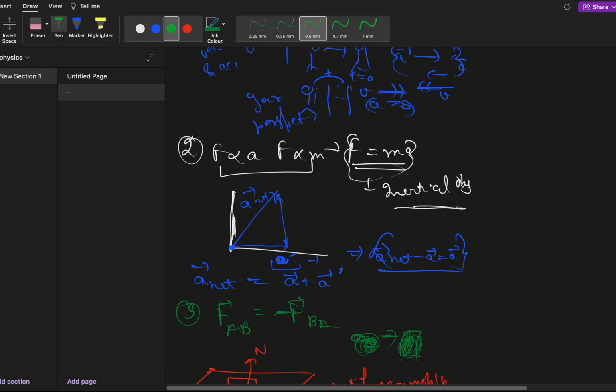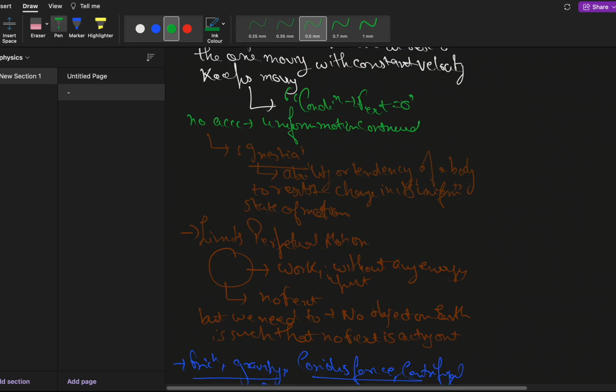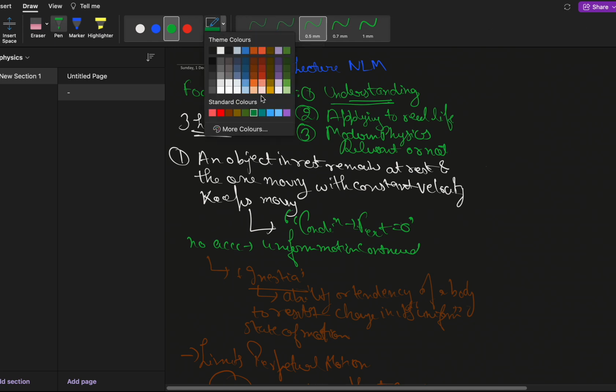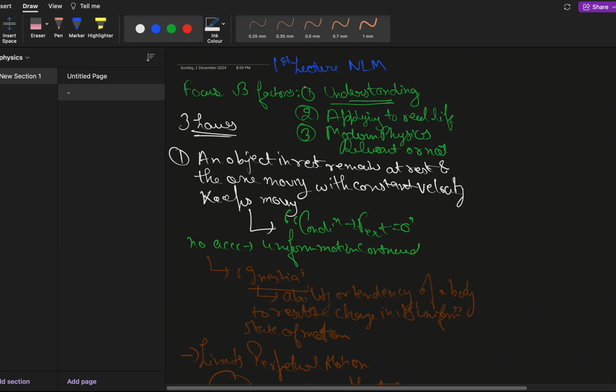Over the series of lectures, let me write explicitly what I will be covering. Things which we will be covering in our upcoming series will include, but are not limited to, conservation of angular momentum in 3D. We will look at the inertia tensor: moment of inertia, which you must have studied as a scalar quantity, we will see is a tensor.